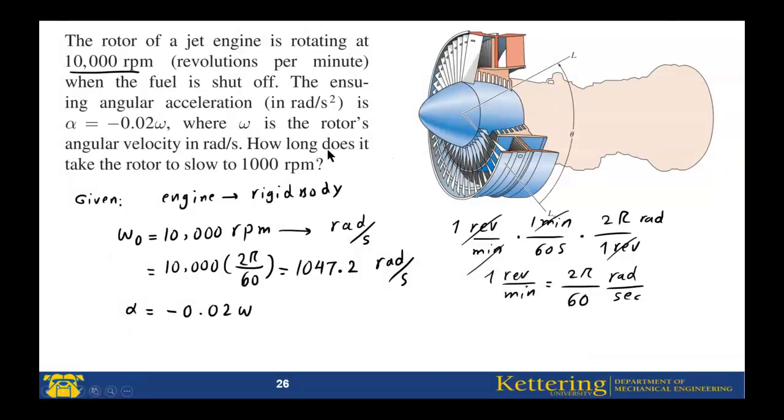Also, we want to find how long it takes for the rotor to slow to 1000 RPM, or 104.7 radians per second.